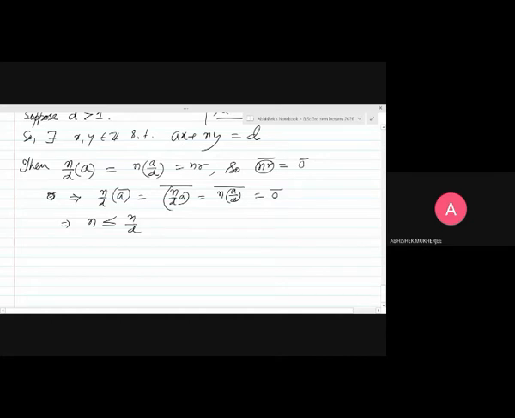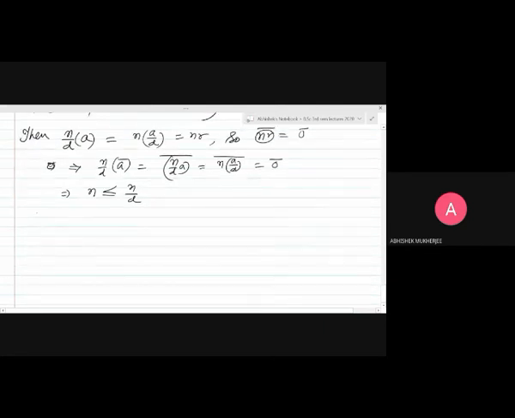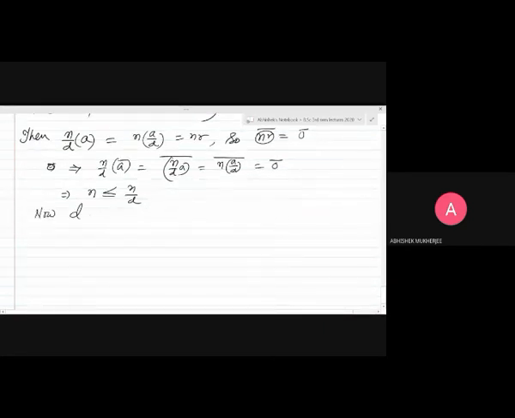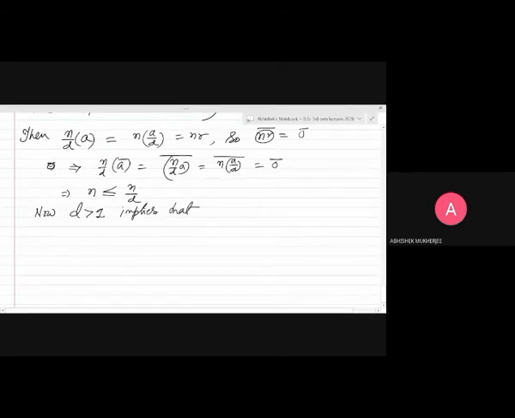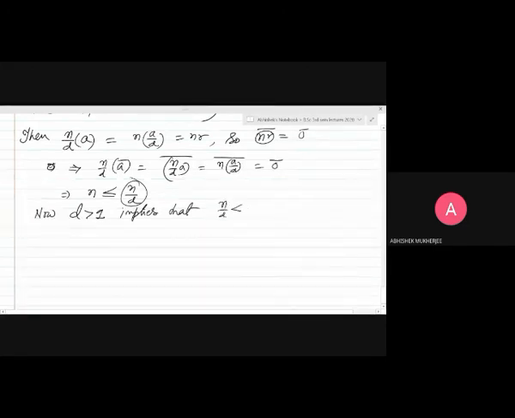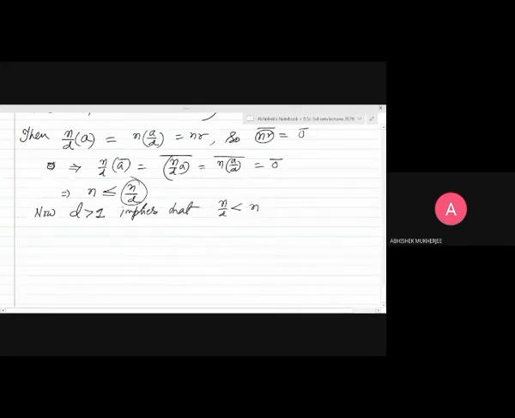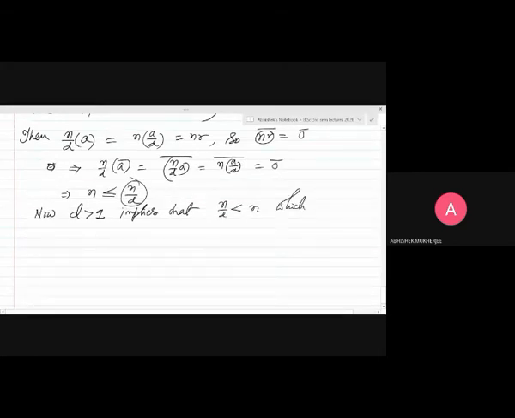Then what does it prove? Now d greater than 1 implies that, since d is greater than 1 and you divide n by d, that must be less than n. n by d is strictly less than n, which leads to a contradiction.